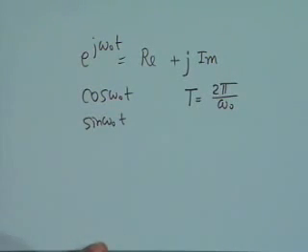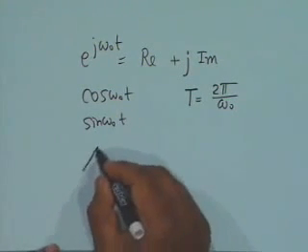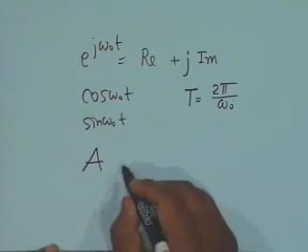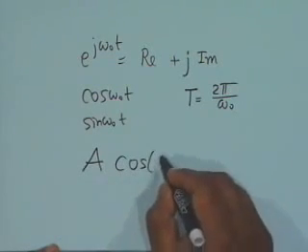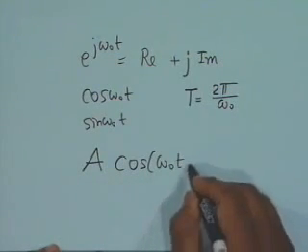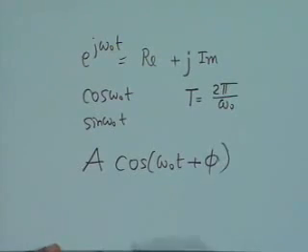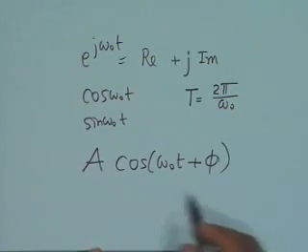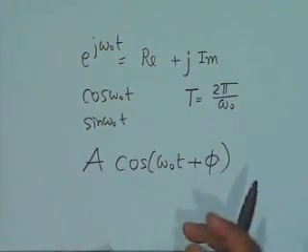A general sinusoidal signal can be a combination of cosine and sine, and can be written in the form a cosine of omega 0 t plus, let's say, phi. And this, as you see, is a combination of sine and cosine.